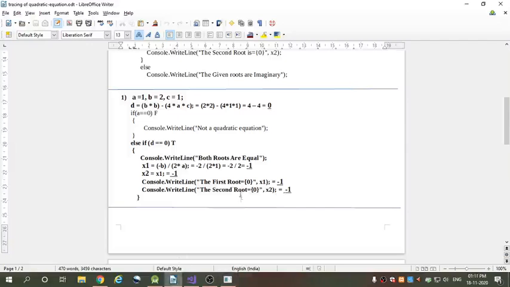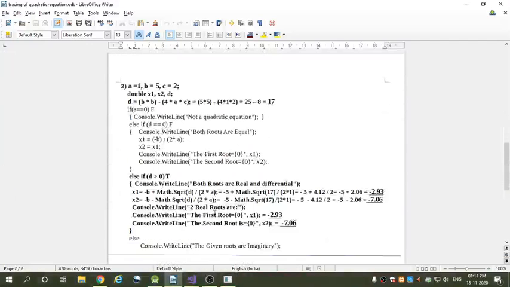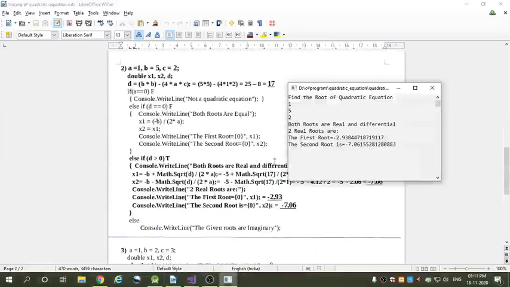You see here on the tracing, our a value is 1, b value is 5 and c value is 2. A is equal to 1, b is equal to 5 and c is equal to 2.